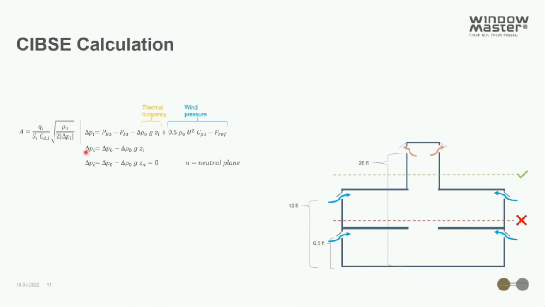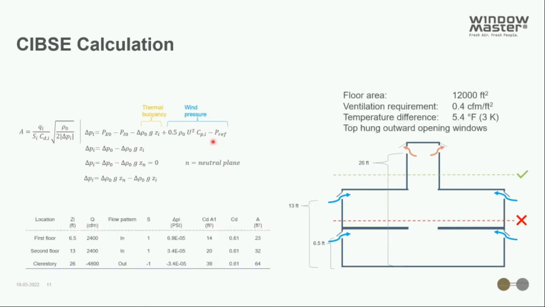Now, this pressure difference that we're calculating is actually the pressure difference between each opening and the neutral plane. And as we are trying to calculate the opening area, we can locate the neutral plane in the desired location that we want, and then find the opening area based on this.